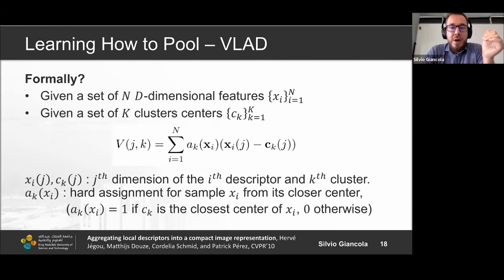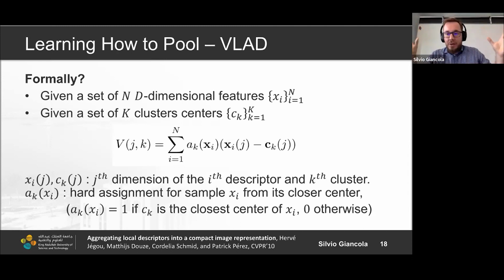And then, given a set of K cluster centers that are defined using the whole data set at your disposal, you are learning a feature V_jk, j being the dimension of the features, and k being the index of that specific cluster. The way it's computed is that you have a residual defined here as x_i minus c_k, which is the difference between the feature itself and the cluster center.